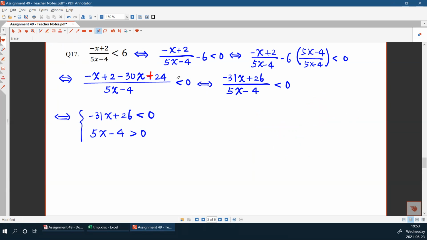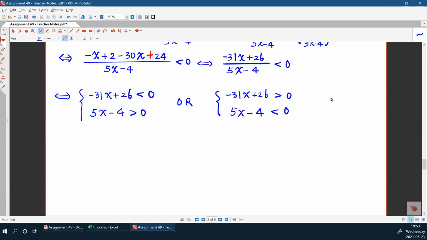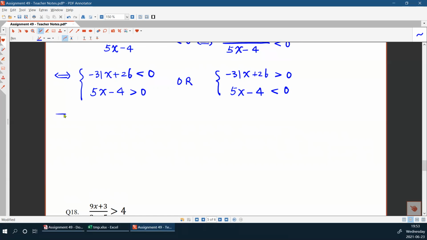Or you can also have a second case, which is the numerator is a positive number, and at the same time, the denominator here is a negative number, right? As long as the signs of the two numbers are different, the ratio should be a negative number, right? Okay, then we can try to solve these two new systems.